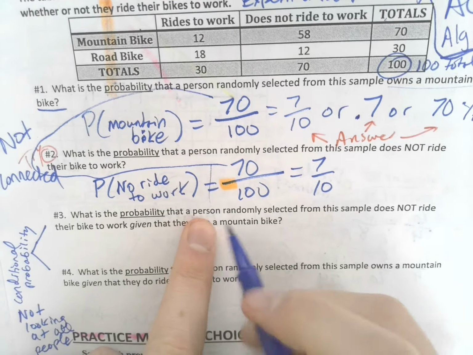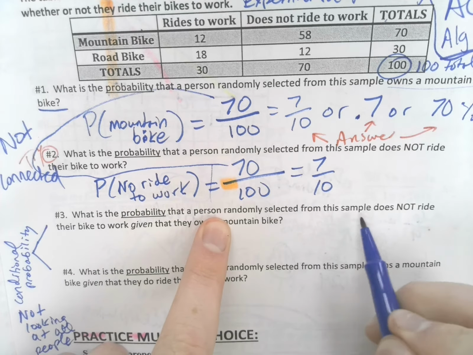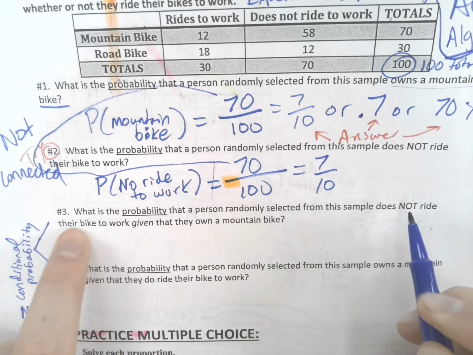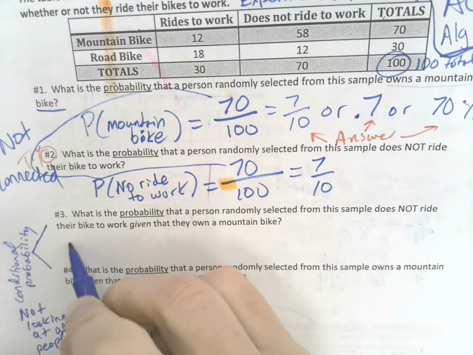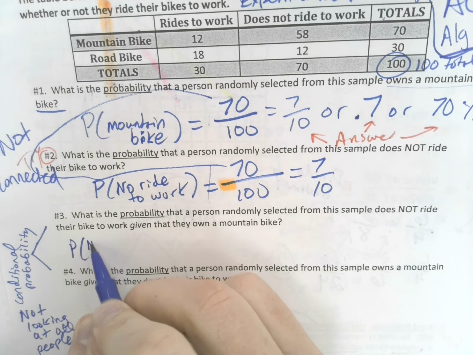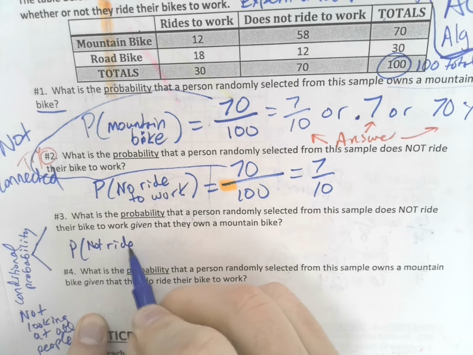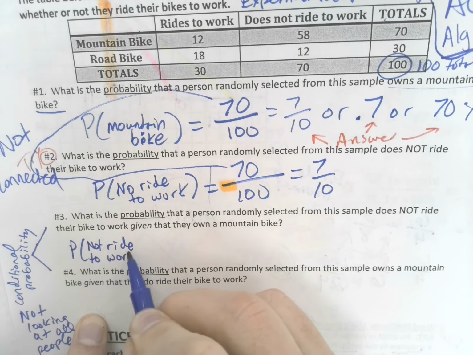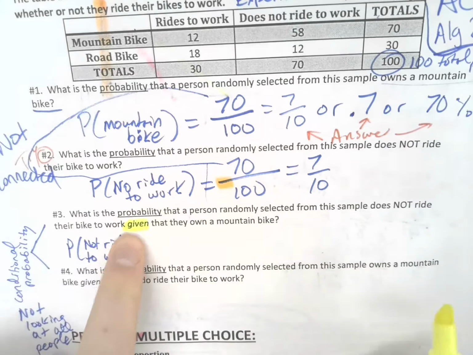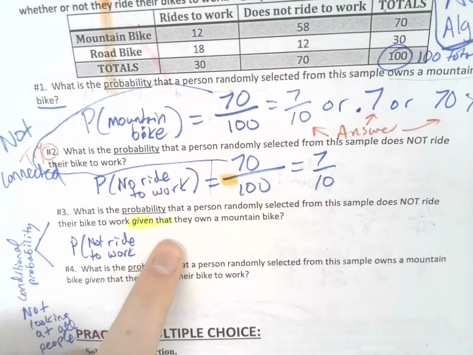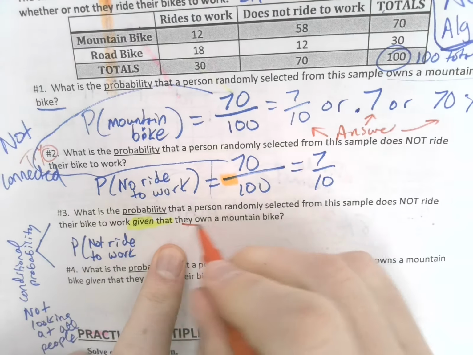What is the probability that a person randomly selected from this sample does not ride their bike to work? Okay, just like last time, does not ride their bike to work. But hold the phone, given that they own a mountain bike.